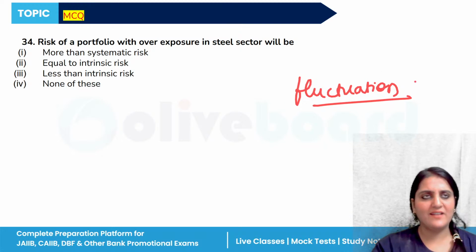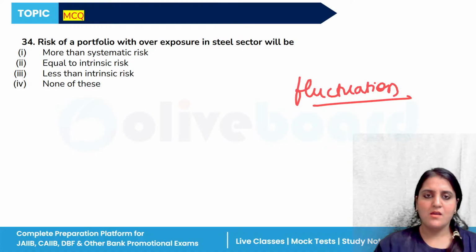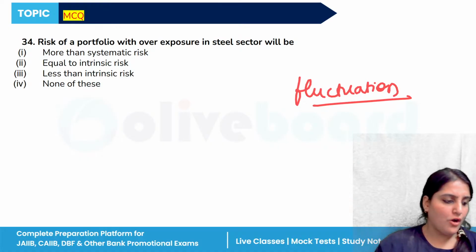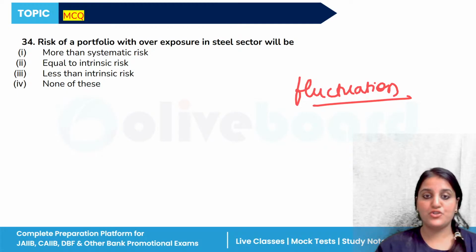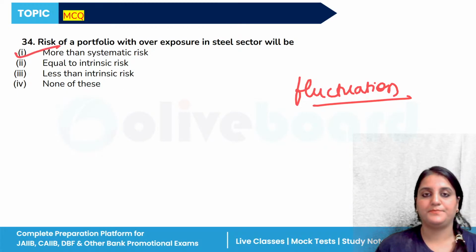Systematic risk, we know, is the risk which affects the entire market. So the risk of a portfolio with overexposure here is more than systematic risk.